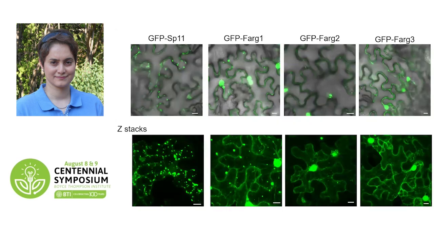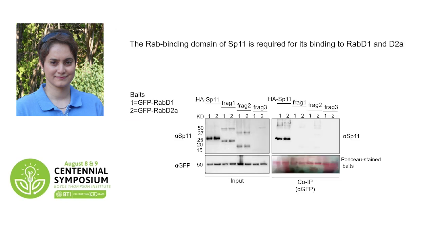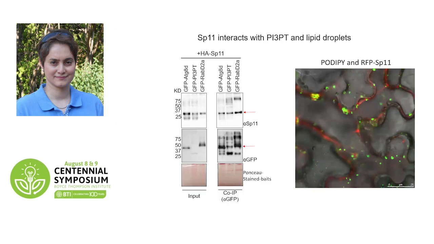Also, when I looked at the punctate structures in those fragmented versions, the puncta started to disappear, and the protein became cytosolic, like free GFP, and went to the nuclei, indicating that this RAB binding domain was essential. And when I used RABs fused to GFP, each one of these pairs, as bait, I could only pull down full-length SP11 and not the truncated versions, indicating that this domain was essential for the function.